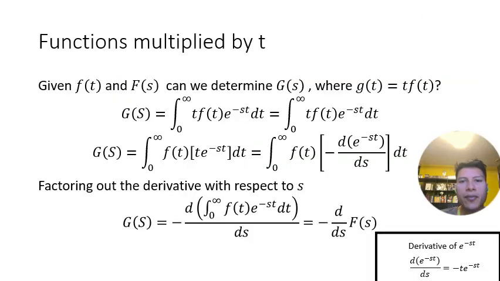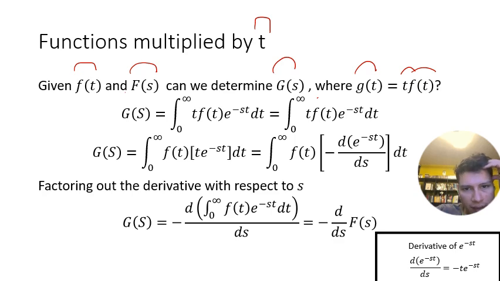So let's say functions multiplied by t. Let's say we're given f of t and F of s, and we want to determine G of s, where g of t is actually t times f of t. To do this, we can associate this t with the Laplace transform part, so that we basically move this t and associate it with this.